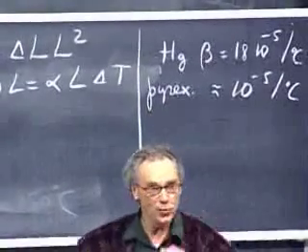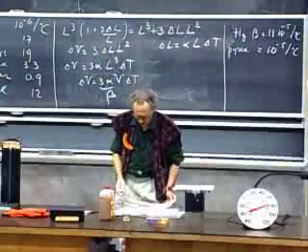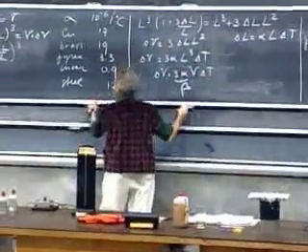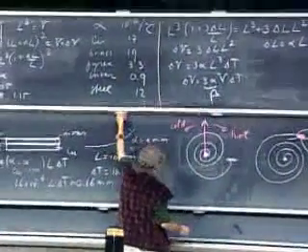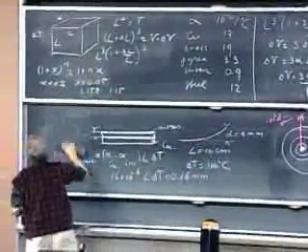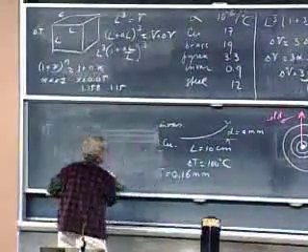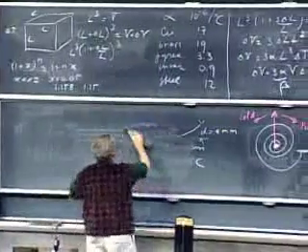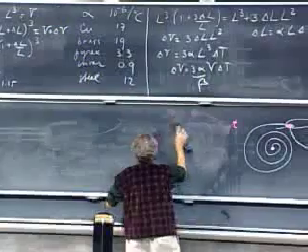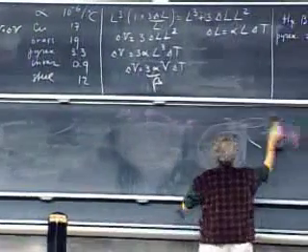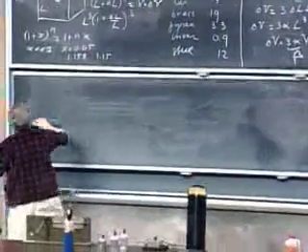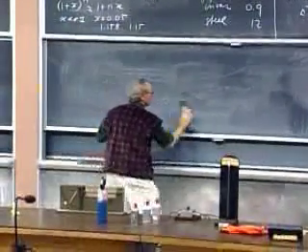And so now you begin to smell the idea of a mercury thermometer. I put some mercury in Pyrex glass, and the Pyrex glass is not going to expand very much, but the mercury will. And then the mercury, which is in an enclosed environment, will have to expand, and it expands into my thermometer, and that's the way that we read the temperature.